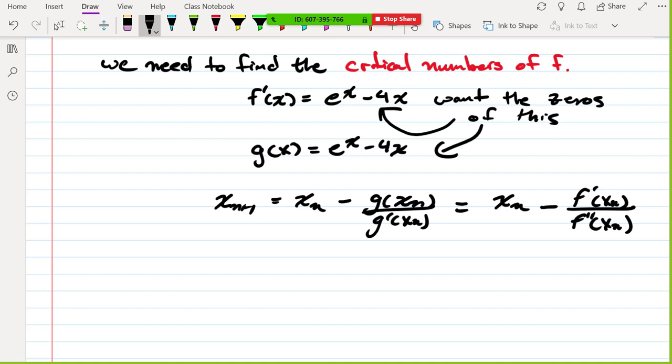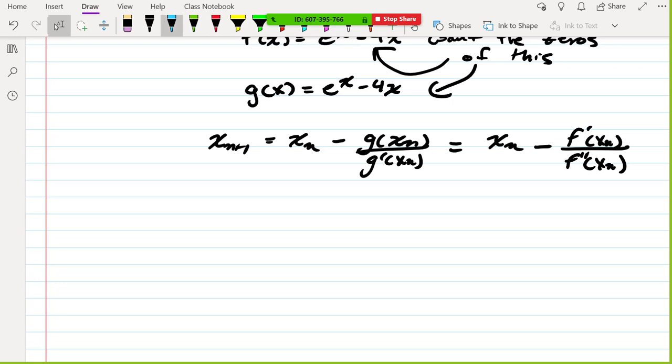So the reason I wrote it as g was just to make clear that we're using the same formula. You don't have to do that, but the critical numbers are the zeros of the derivative, not the zeros of the original function itself. So then g prime is going to be e to the x take away 4, because the derivative of 4x gives us 4.